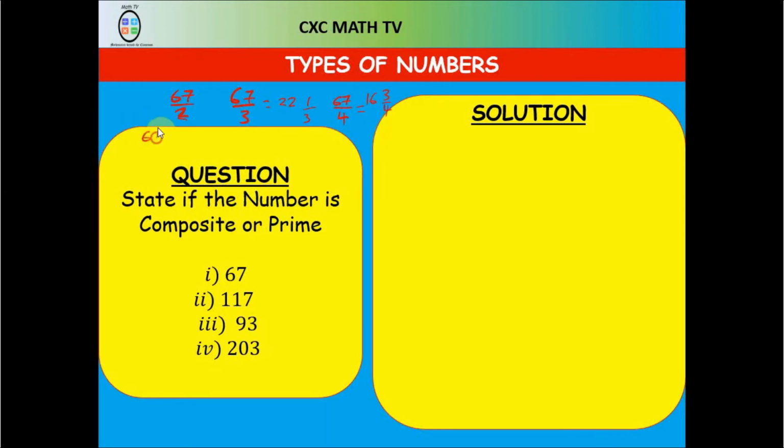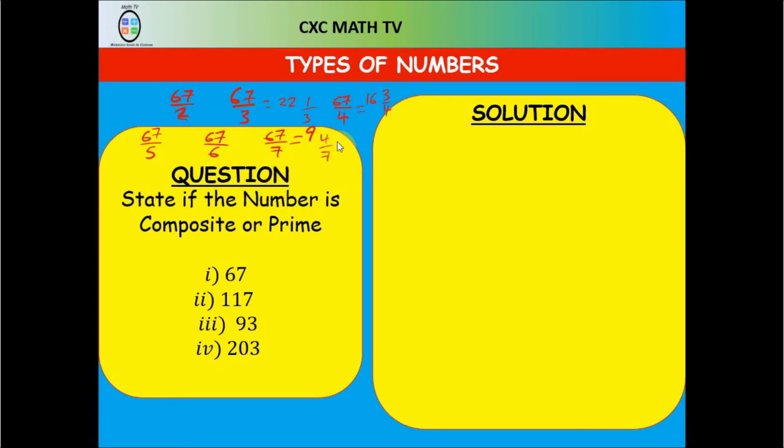So if you divide 67 by 5, because we keep going on, still doesn't work. Divide 67 by 6, still doesn't work. Divide 67 by 7. 7 into 67 goes what? 9 times. And the remainder is what? 4 over 7.